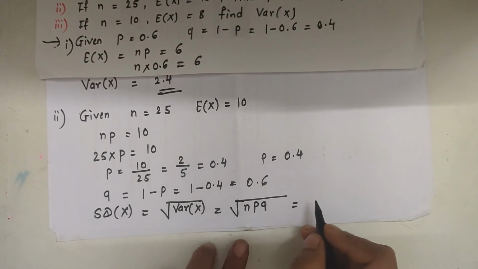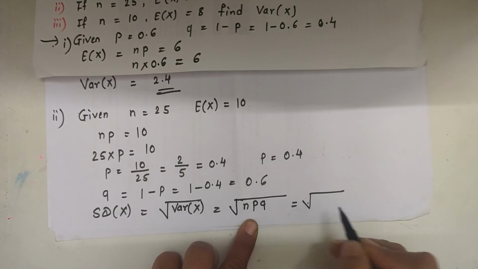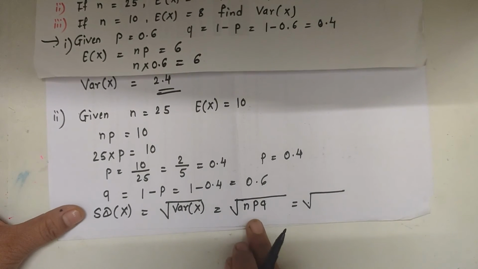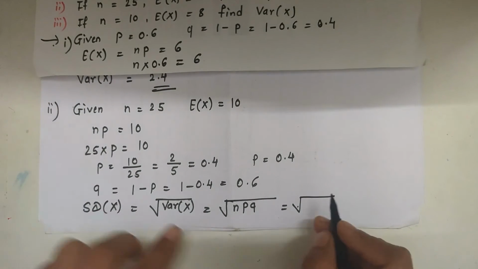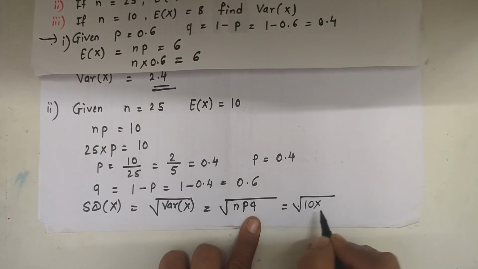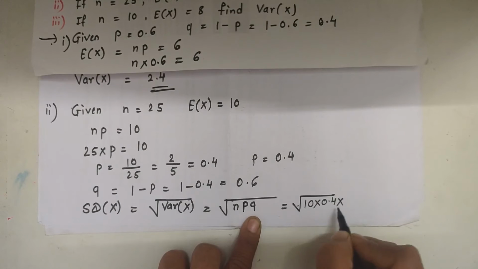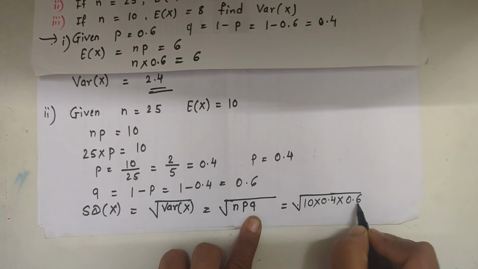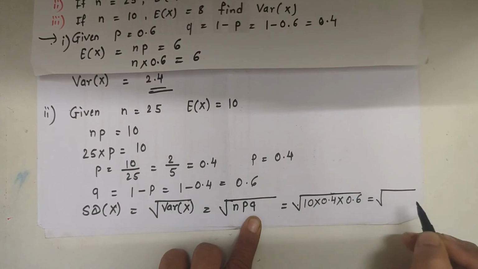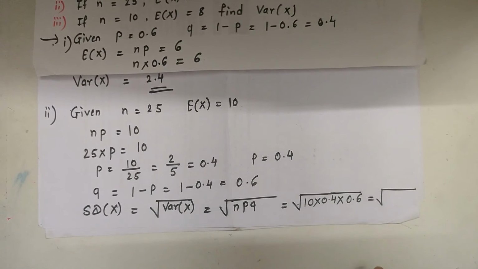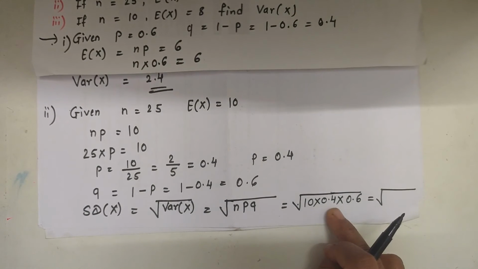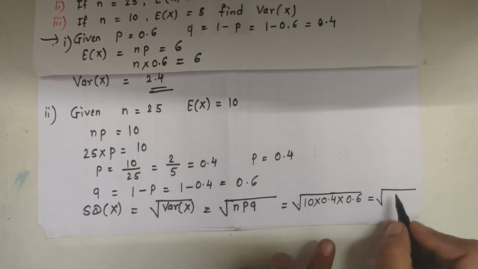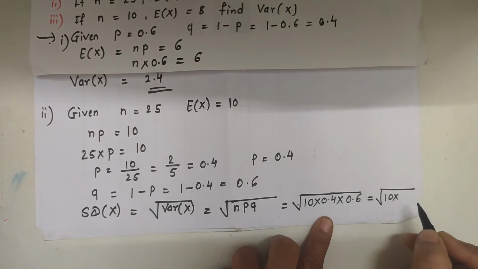So substituting all these values in this formula, under root of n into 0.4 into 0.6, that is under root of n into 0.24.